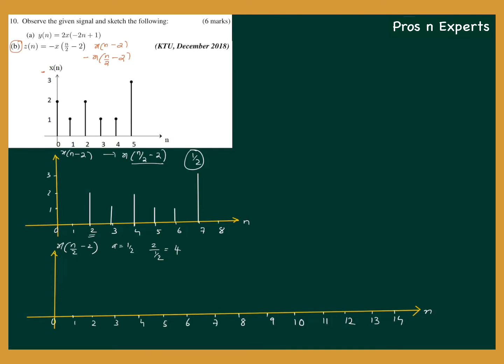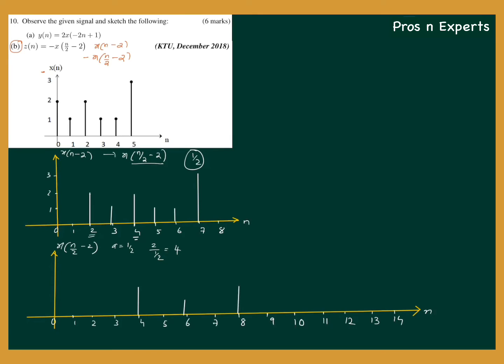So I'm drawing this sample at n equal to 4 here. So amplitude 2 is at n equal to 4. Now what about this sample? This sample is at n equal to 3. So it should be at 3 by 1 by 2, which is 6. So sample 1 is at 6. Now next is this sample at 4, that should be at 8.